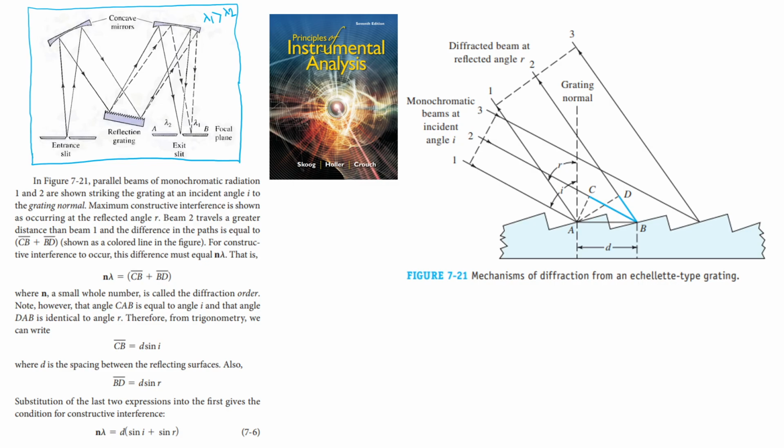This one is lambda 2, and this is lambda 1. They again come to the concave mirror and are focused onto an exit slit, and depending on the slit width we are going to get lambda 2 or lambda 1. So this is the fundamental of a monochromator.